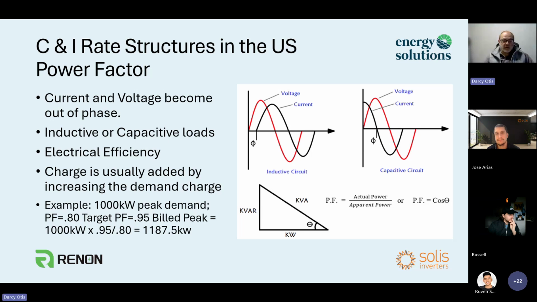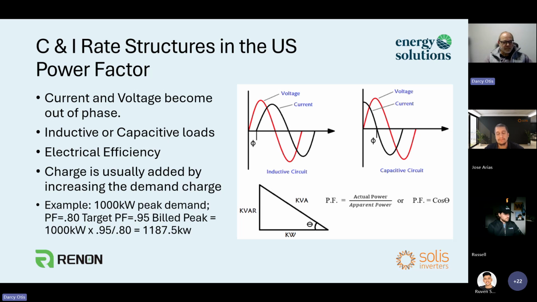They factor that efficiency in to an ideal power factor on a particular bill. And I gave an example here. For example, if you measured, hey, I had 1,000 kilowatt peak and I had a power factor of 0.8, so I'm 80% efficient, and the utility's target power factor is 0.95, then I'm going to get billed the difference, or my peak is going to get factored on that ratio to give me a higher peak demand charge for whatever that peak demand charge is for that month.